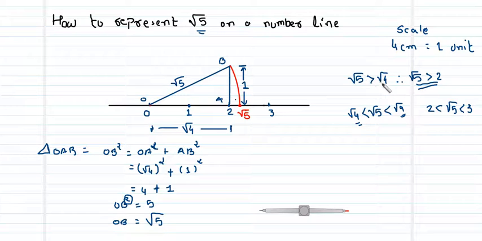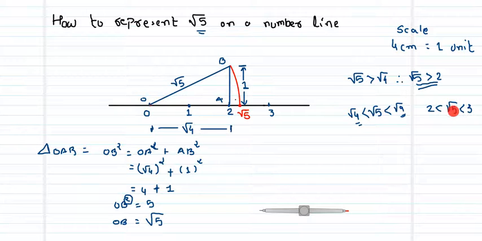Root 4 is obviously less than root 5. So what is root 4? Root 4 is nothing but 2. So root 5 is greater than root 4, but it is less than root 9. Root 9 is 3.